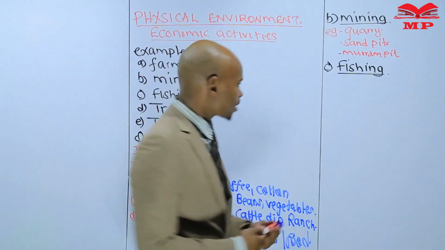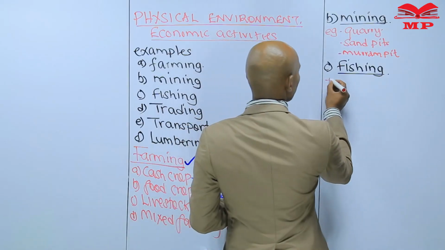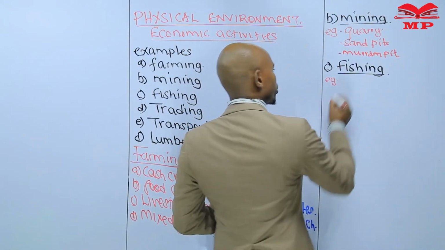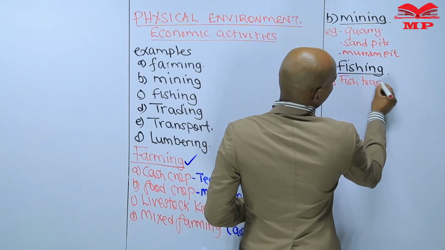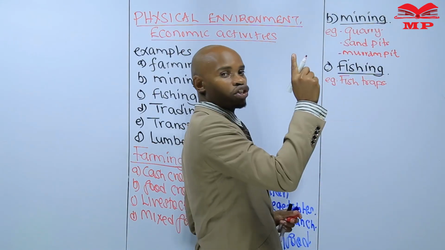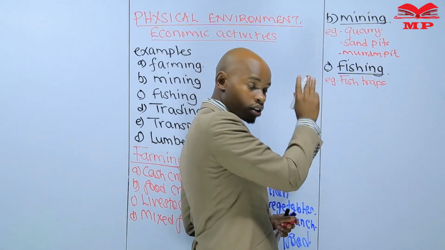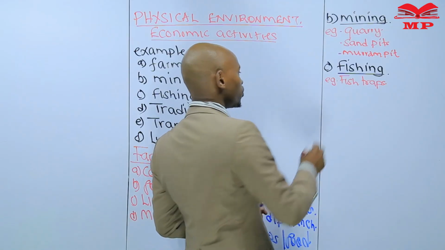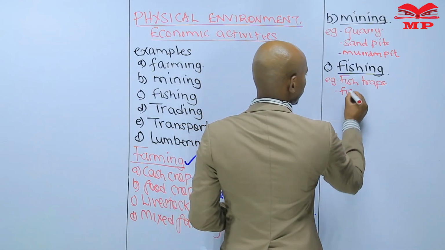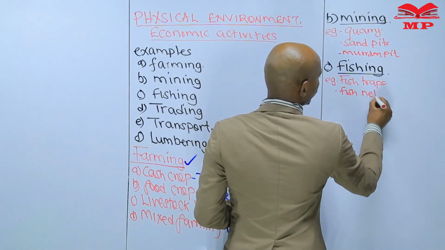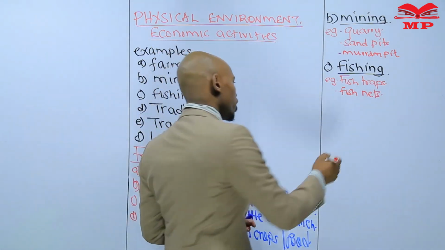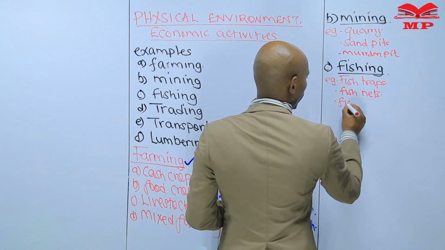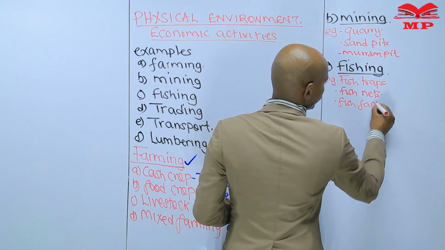So there must be some specific things that tell you there is fishing. Examples: fish traps. If there are fish traps in the map, there is fishing. Fish nets or fishing nets. Indeed, there is fishing. Fish factories.